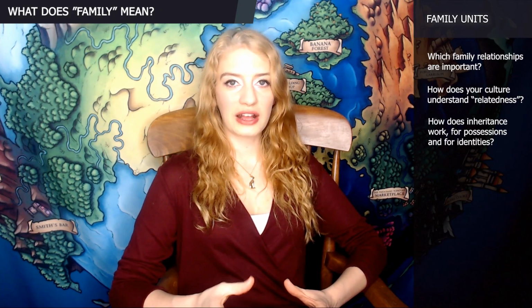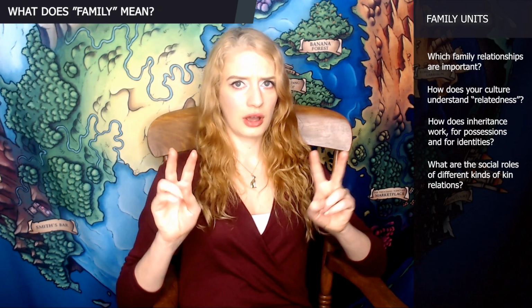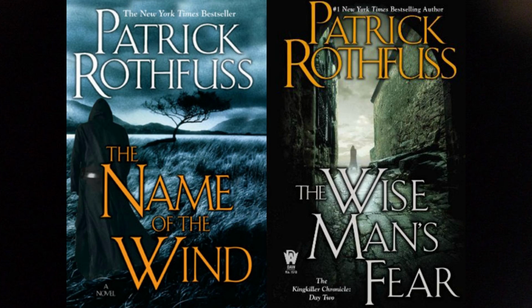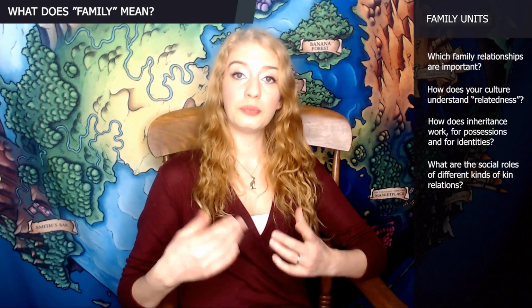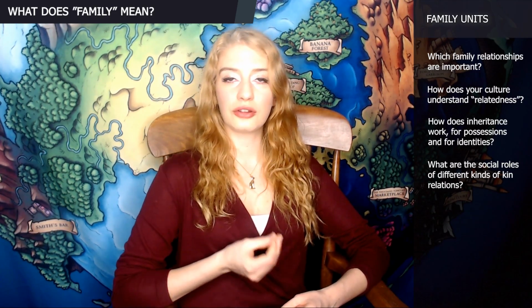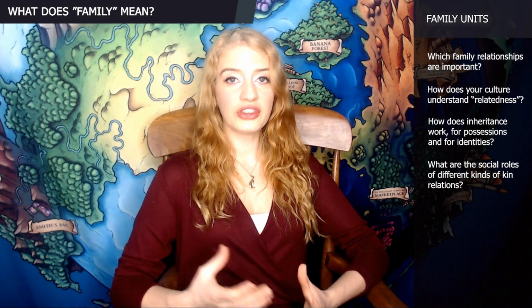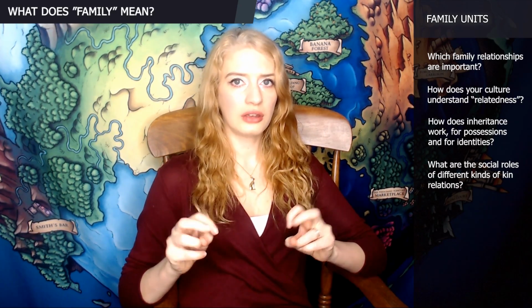of them pretty easily. Another important aspect is what the different roles that we understand, like uncle or father, really mean. One of the cultures in Patrick Rothfuss's The Kingkiller Chronicles doesn't believe in paternity. They don't think that the father has any role in the procreation of children. This means that there is no father relationship.